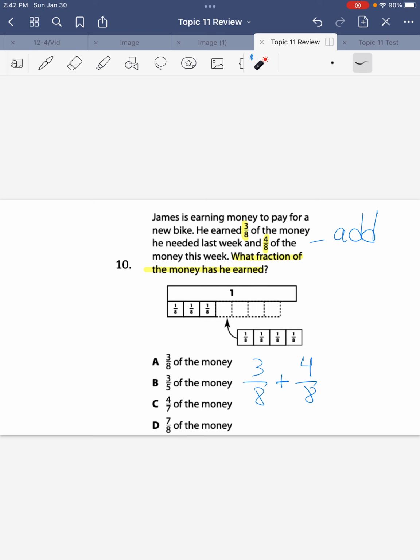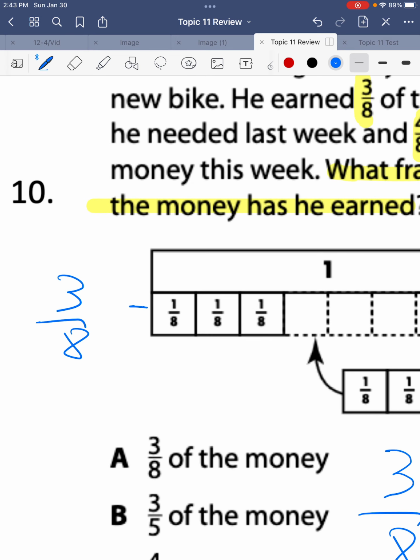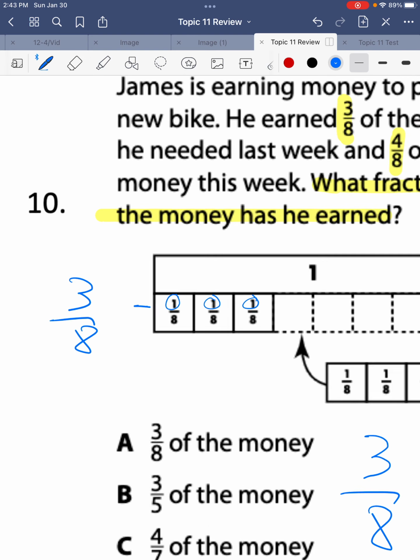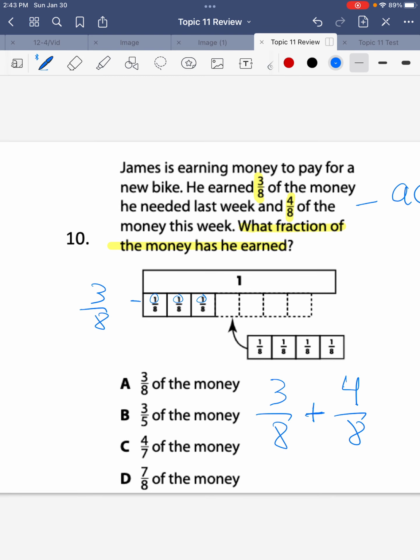it says he had this much at first, okay? This equals 3/8, okay? We have 1, 2, 3, put a 3 there, our 8 stays the same. He had 3/8. But then if you look at our arrow, it's going inside. So it's telling me that then he gets this amount, okay?